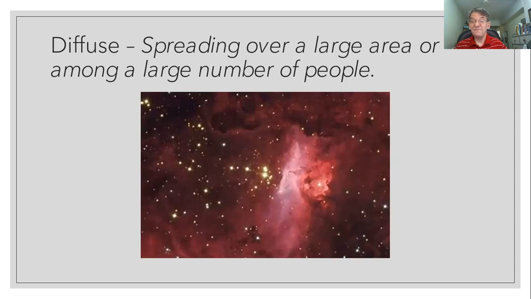In fact, some of these nebulas are light years wide, meaning it takes light many years to travel the distance of this nebula. So this is an example of diffuse. The gas in this nebula is very diffuse.